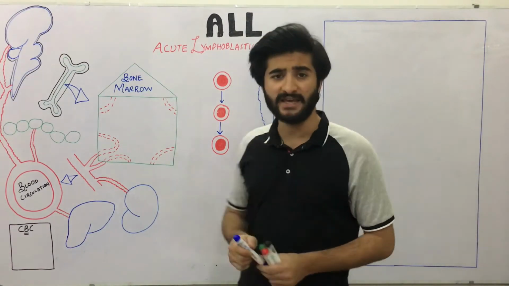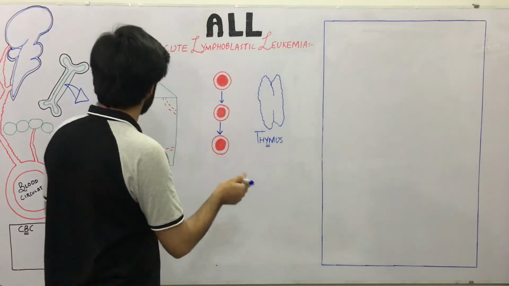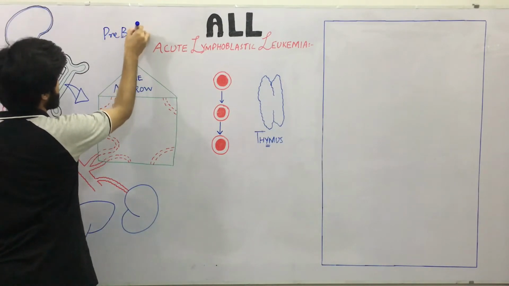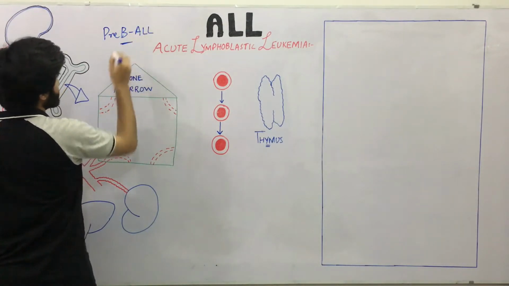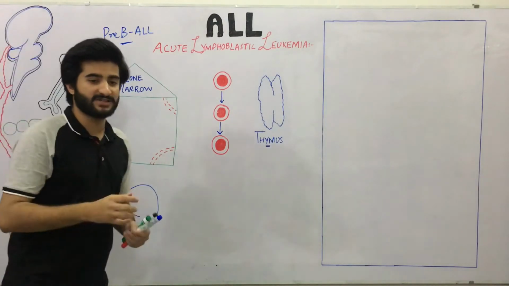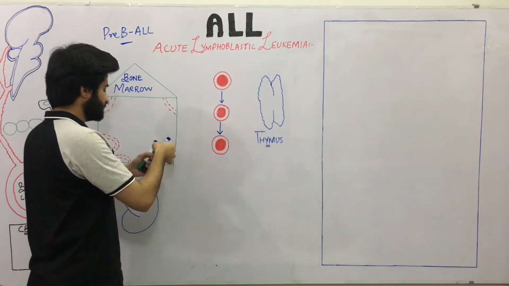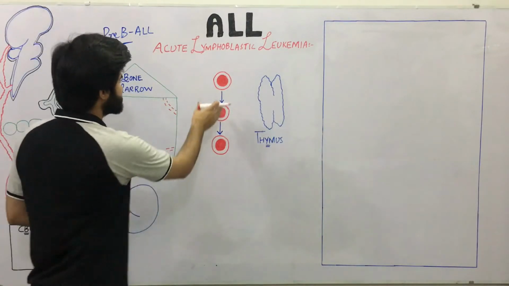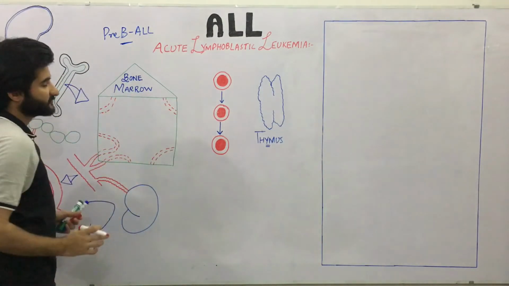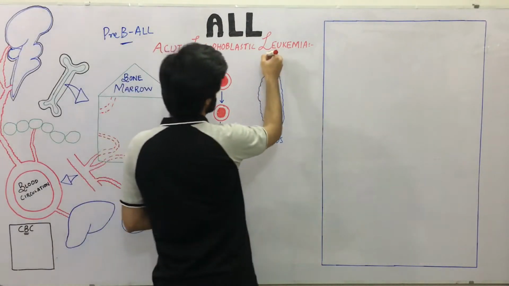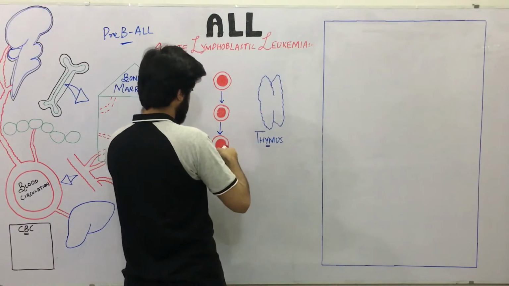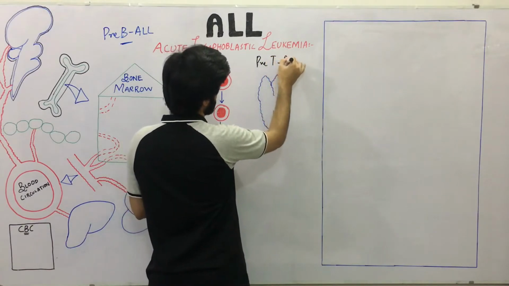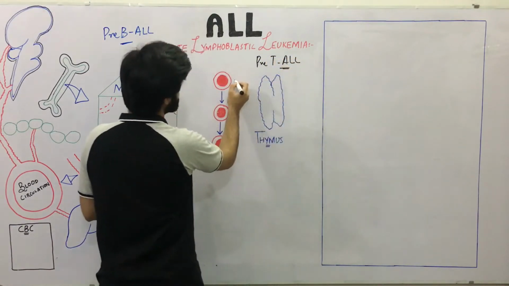In B-ALL, or precursor B cell acute lymphoblastic leukemia, pre-B-ALL, the cell involved is the precursor B cell, which develops in the bone marrow, whereas in pre-T-ALL, the cell involved is a precursor T cell.